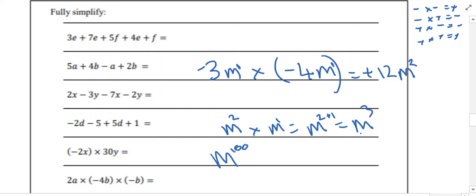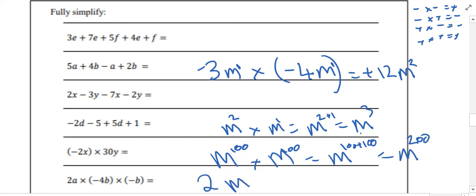M to the 100 multiplied by m to the 100 is m to the 100 plus 100, which is m to the 200. And what loads of people forget when we are multiplying indices is that the coefficients are multiplied as well.